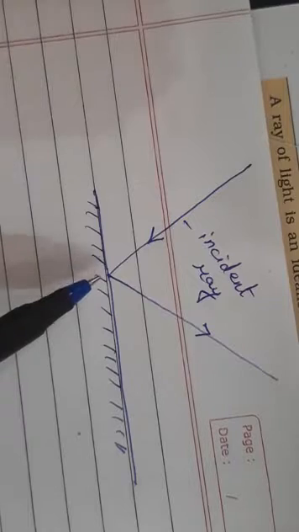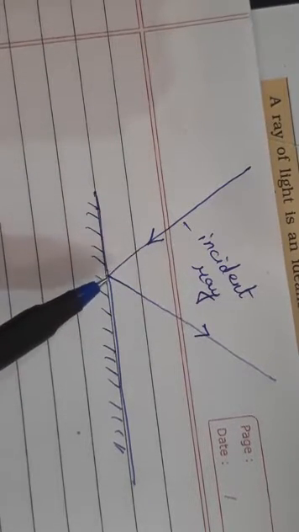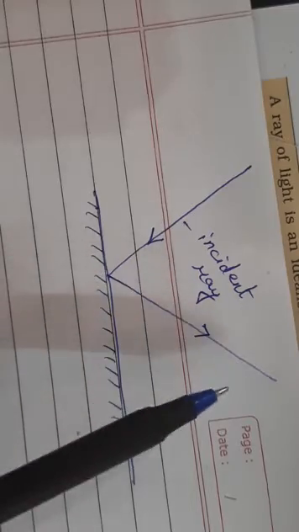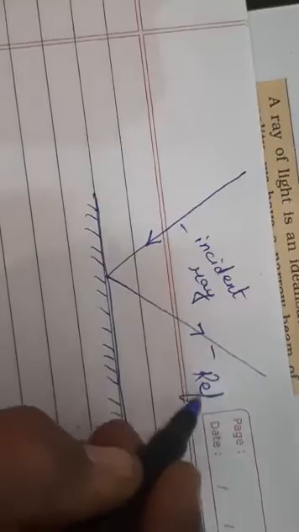This bouncing of light is called reflection, which you have already studied. When light comes and hits a polished surface or a mirror, that is the incident ray, and when it bounces back from the surface, that is called the reflected ray.